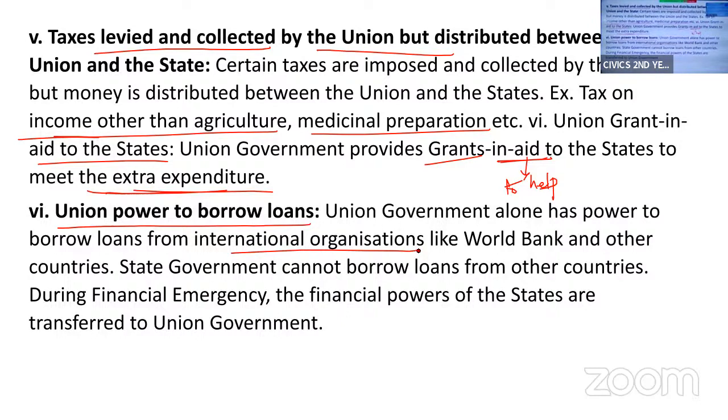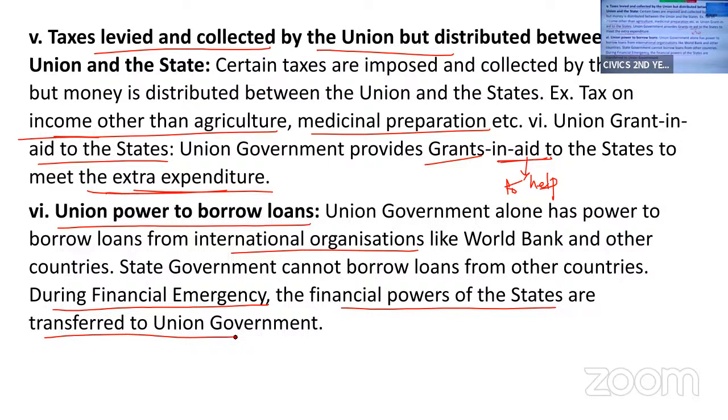Now, if there is a financial emergency, the financial powers of the state government are transferred to the union government. If there is a threat to the credibility of the country, then the President of India can declare financial emergency.